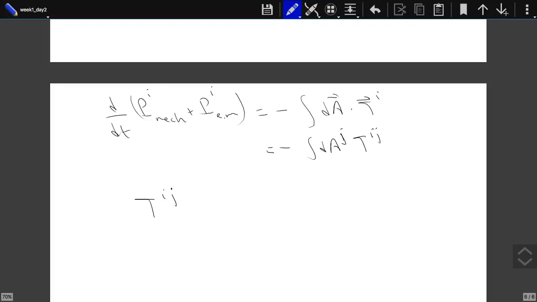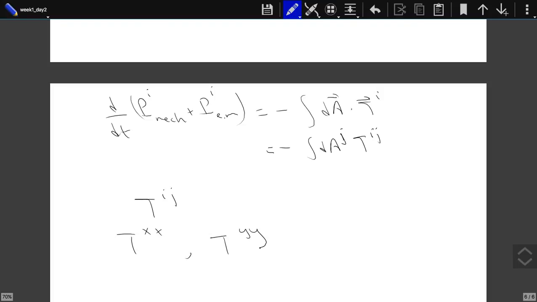Let's look at particular components. Txx. Okay, what is Txx? It is the flow of the x component of momentum in the x direction. Right?